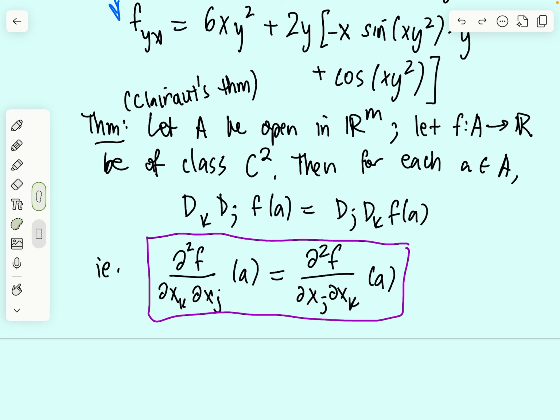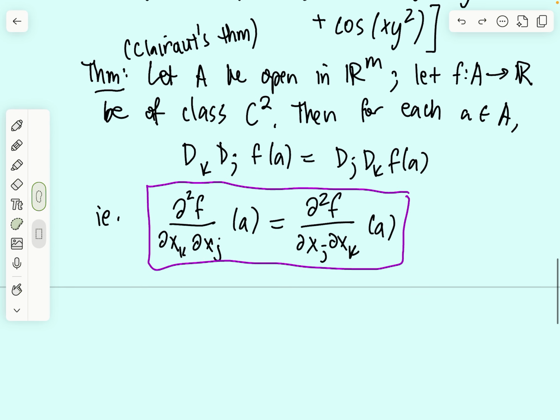You're actually doing different things. But either way, you get the same thing. So if you start off with f and then take f sub x_j, and then the kth partial derivative of that, that's the same as taking f sub x_k and then taking the jth partial derivative of that. And that's all I wanted to say in this video. Thanks.